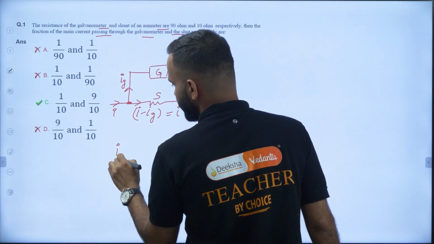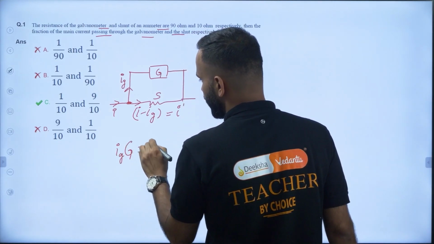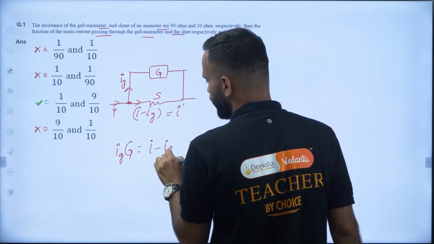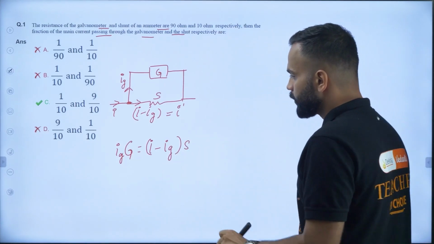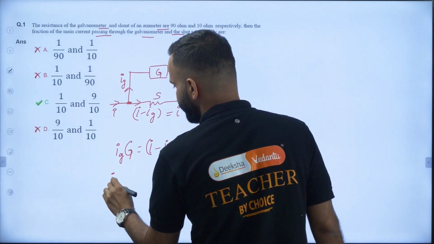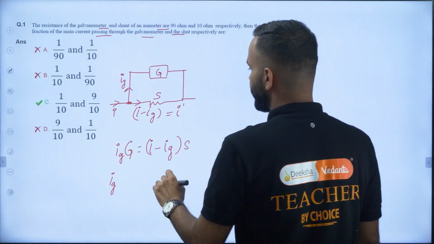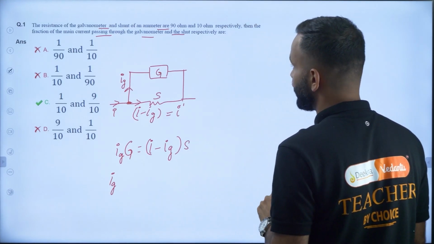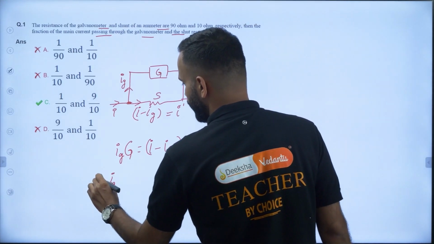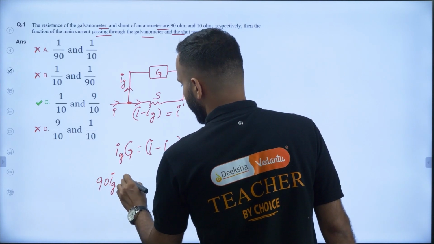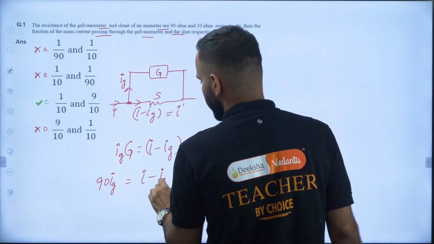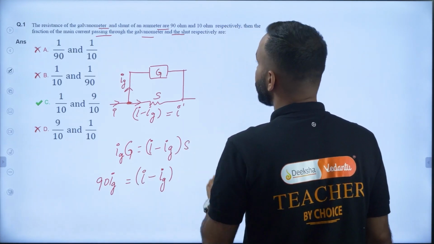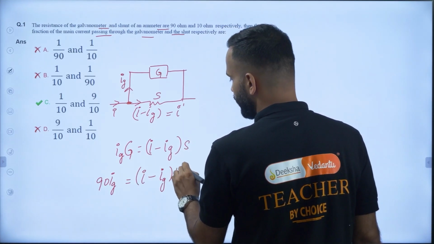So Ig into G is equal to I minus Ig into S. So now Ig into G, G is 90 ohm, isn't it? Equal to I minus Ig into S. S is 10 ohm, right?